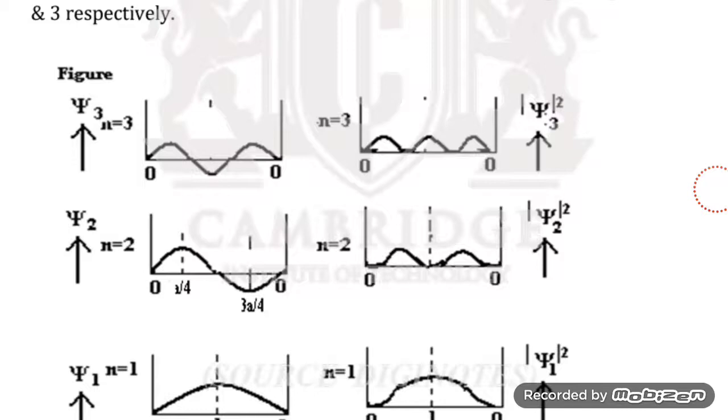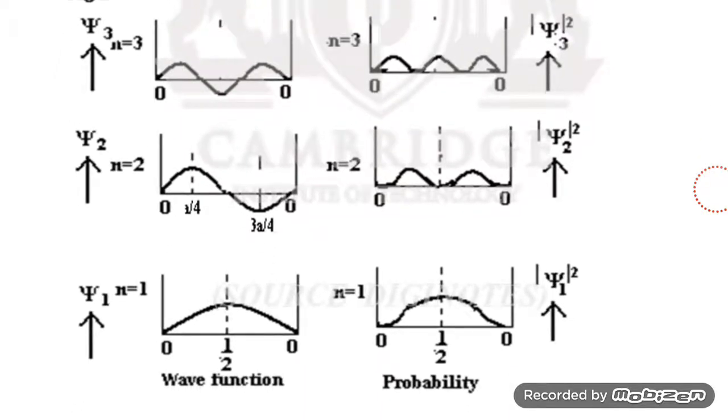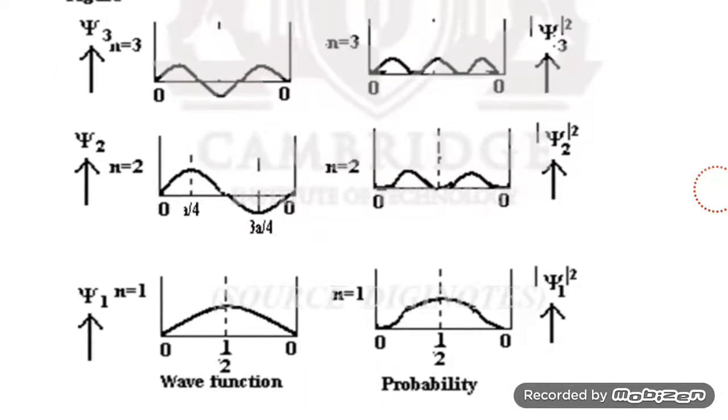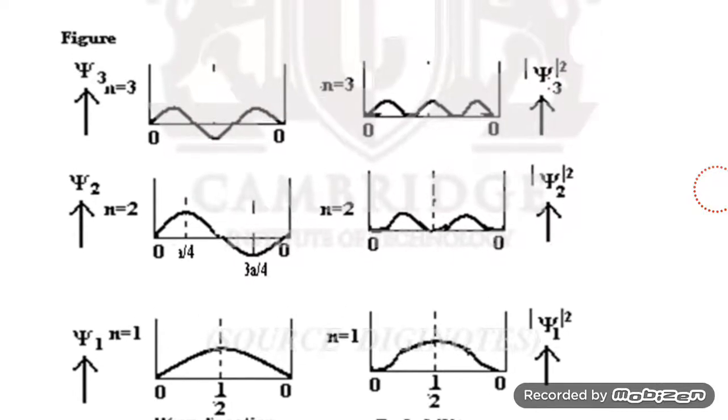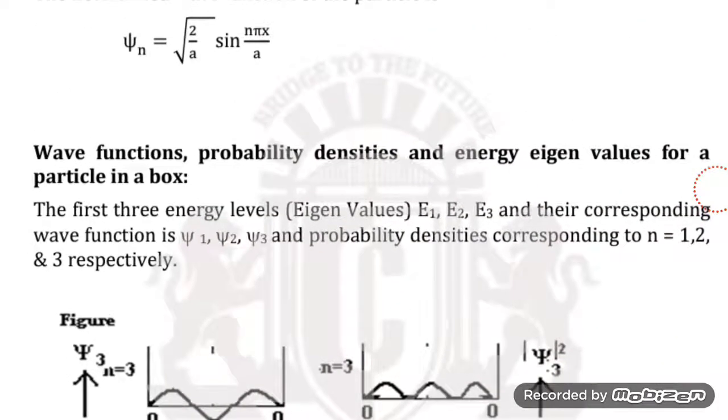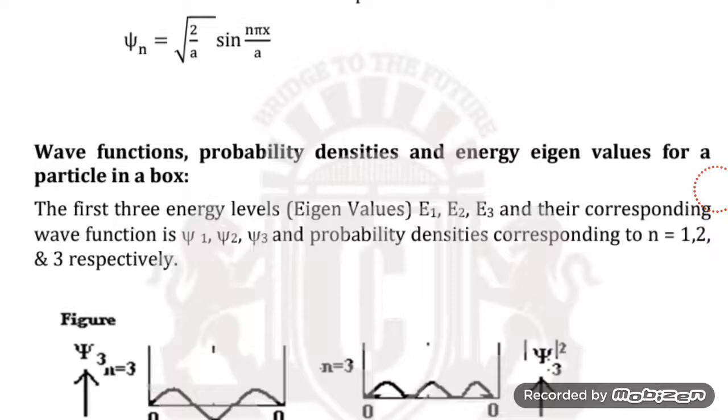This is the figure which represents the function psi and the magnitude of psi squared, that is, the probability. For the function psi, if we put n equal to 1, then the function is root 2 by a sin pi x by a.